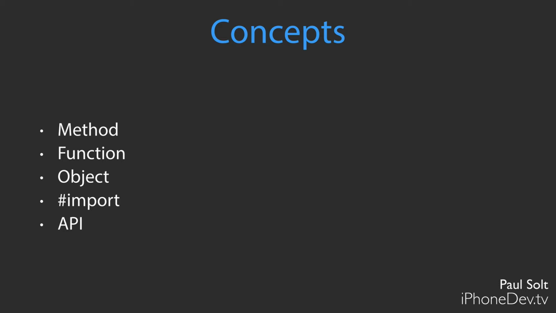Next, we have import. This is a preprocessor statement, and we use this in conjunction with a file name in parentheses or in brackets, the angle brackets, to tell Xcode that we need to include more code from another file. And so this is just part of the process of creating apps. Rather than write everything from scratch ourselves, we can use code that Apple has written, or we can use open source code that other developers have written.